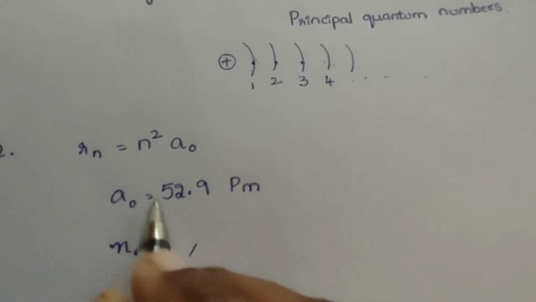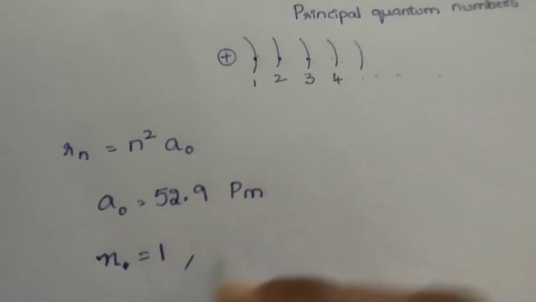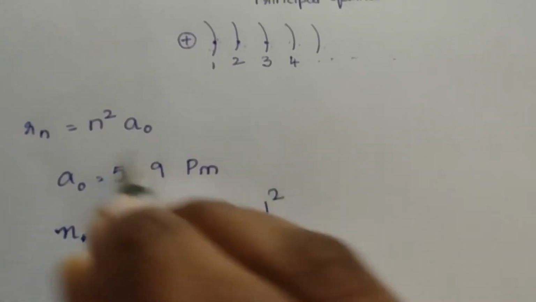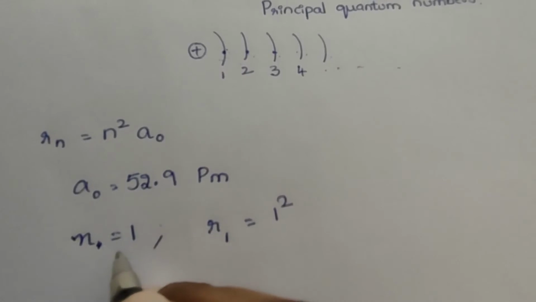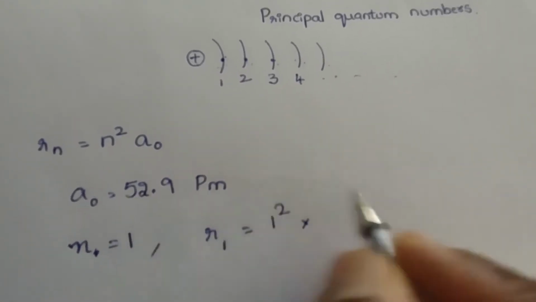If n is equal to 1, that is, for the first stationary state, the radius can be calculated as R1 is equal to n square, here n is equal to 1, so 1 square into A naught, 52.9.